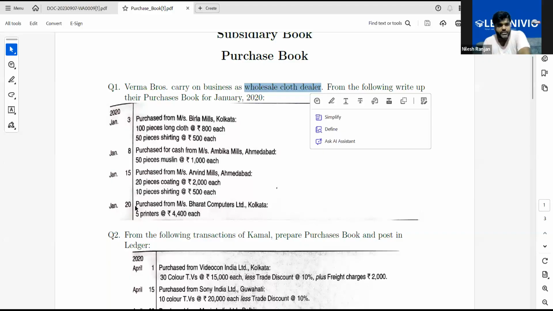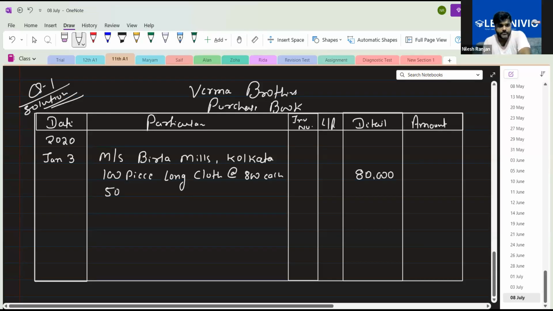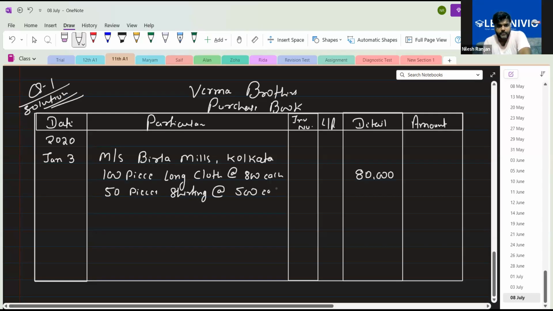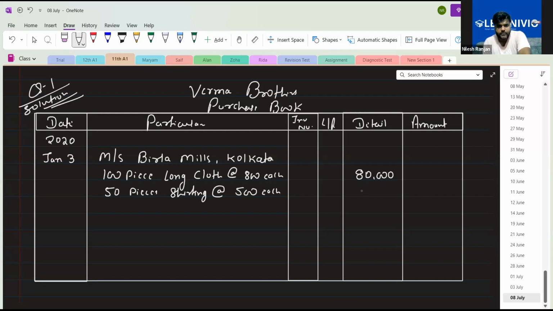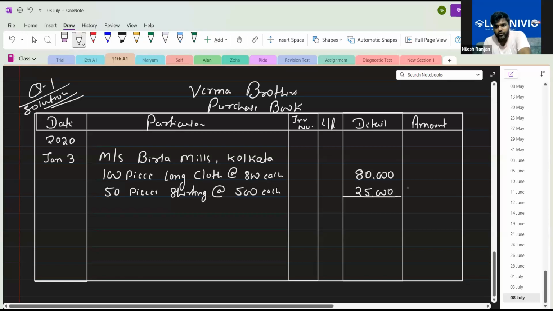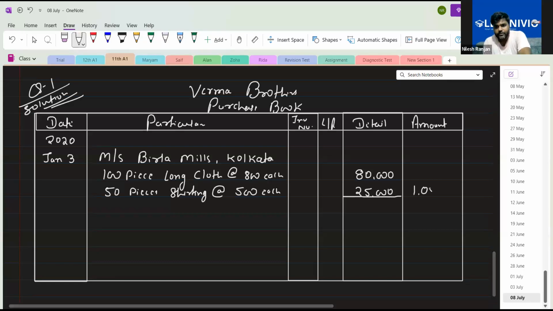Then 50 pieces shirting at the rate 500 each. So 25,000. Total, we will write it in the amount column. It will be 1,05,000.